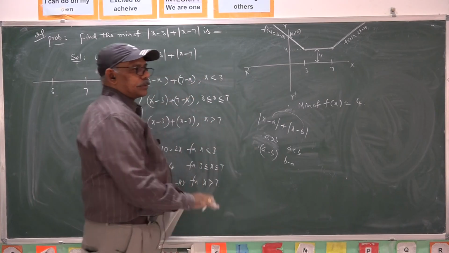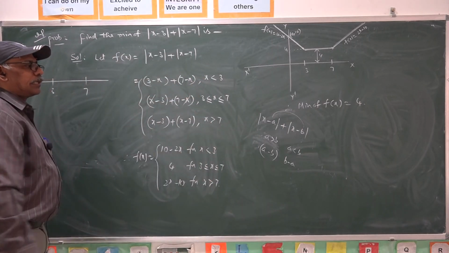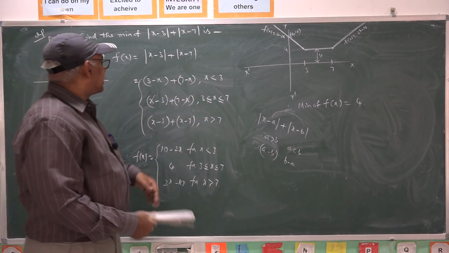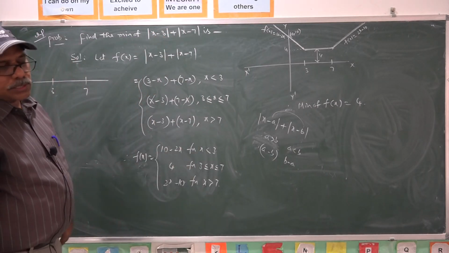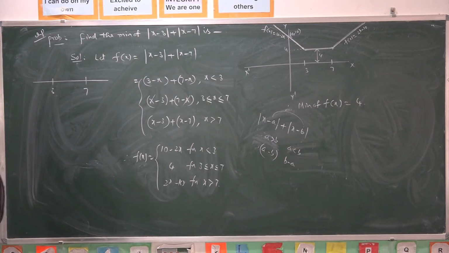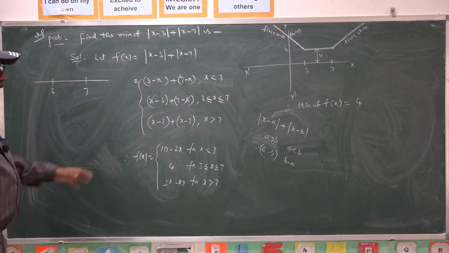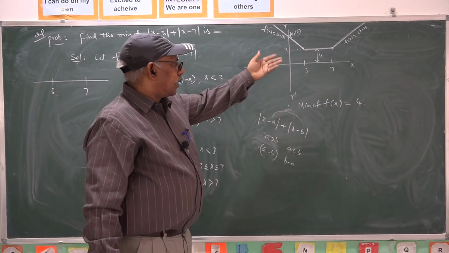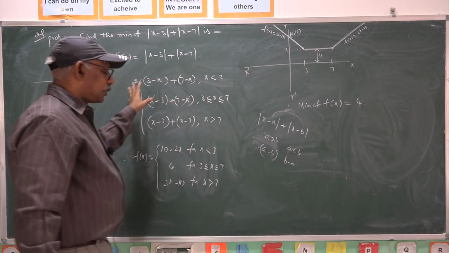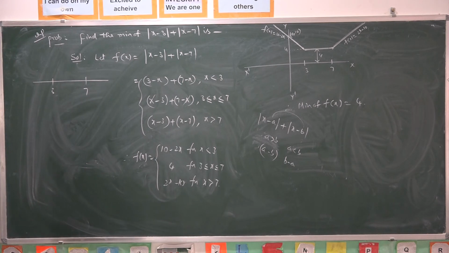So that is the result. Once the function is in such a particular form, mod x minus 3 plus mod x minus 7, clearly the minimum of the function can be evaluated in this way. So this is also a very important problem, this model.